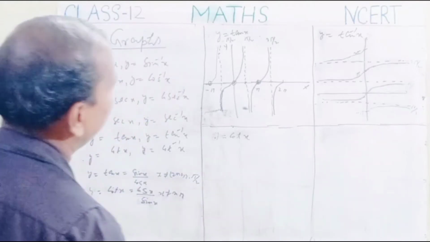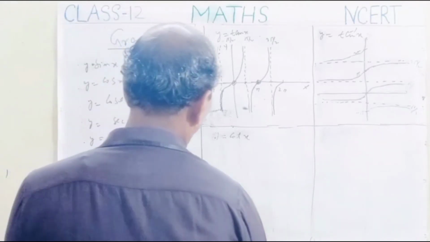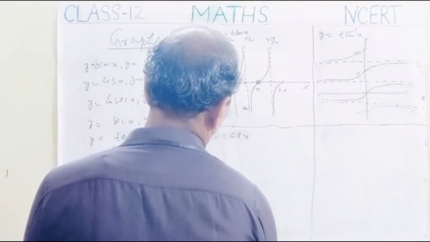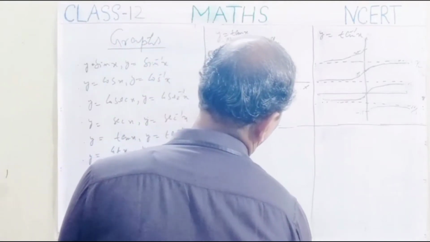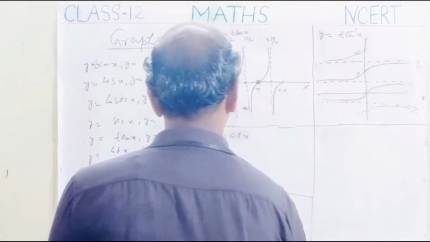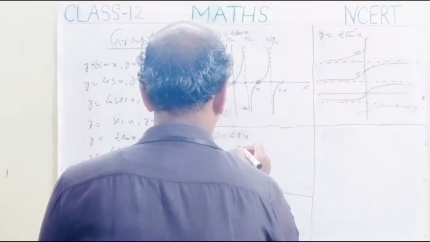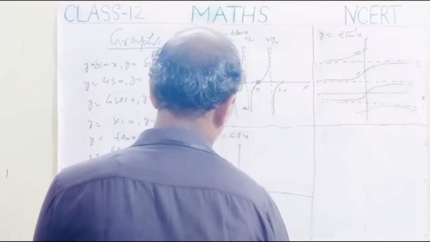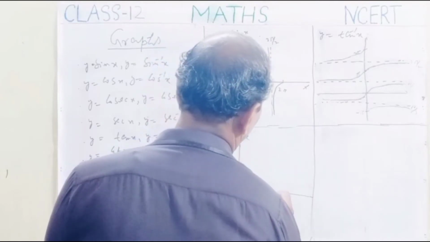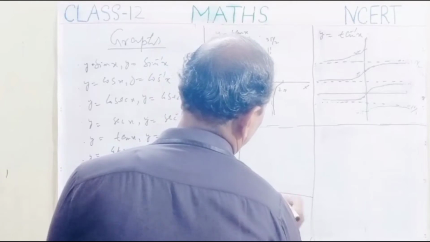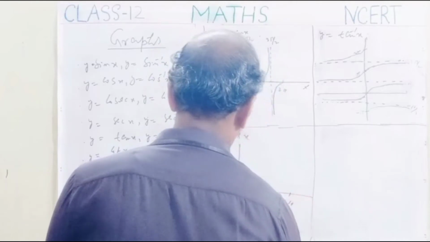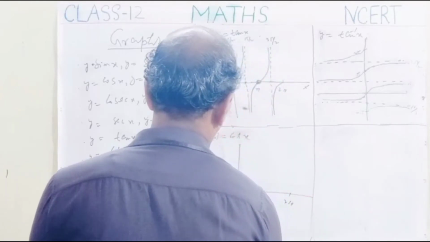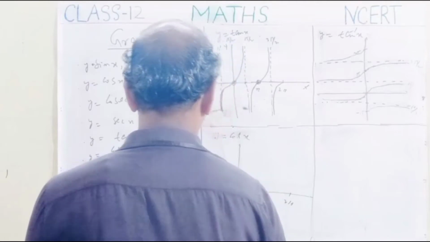So for cot x, I will draw the coordinate axes. This is the x coordinate and this is your y coordinate. This is pi, this is 2 pi, and obviously this point is minus pi. What is written here?